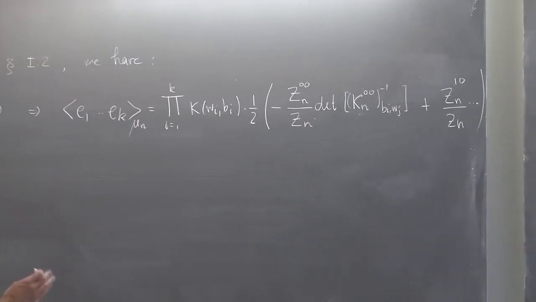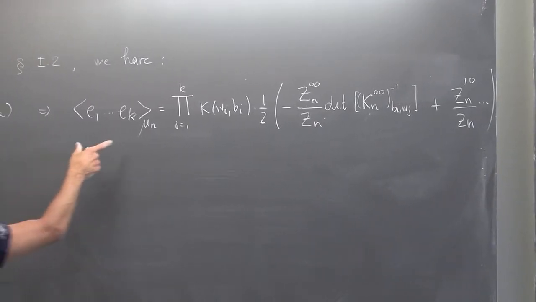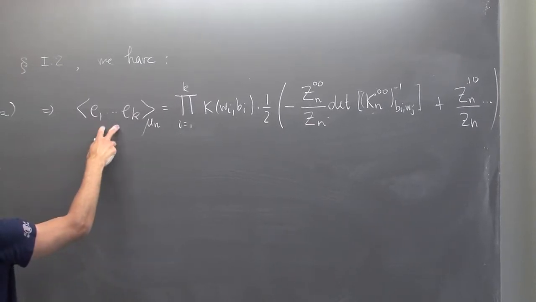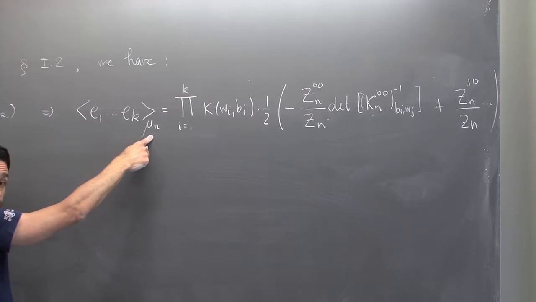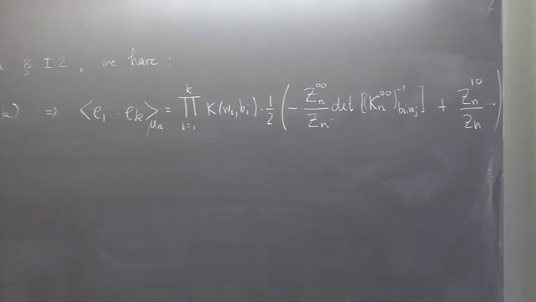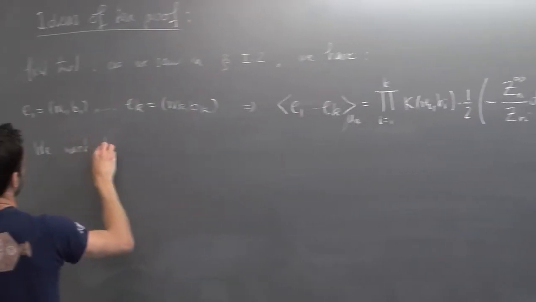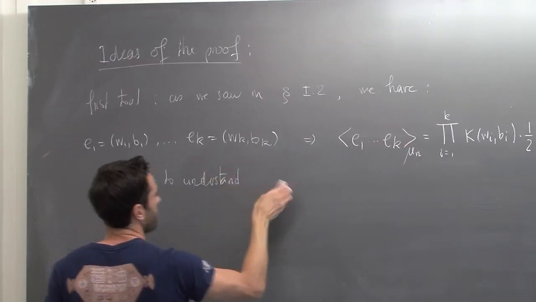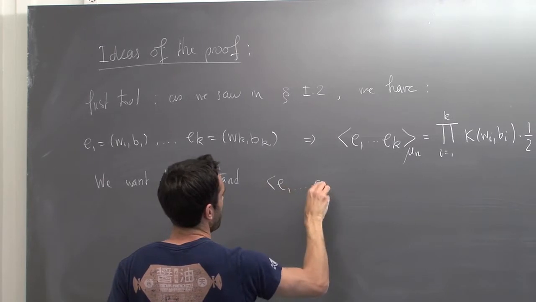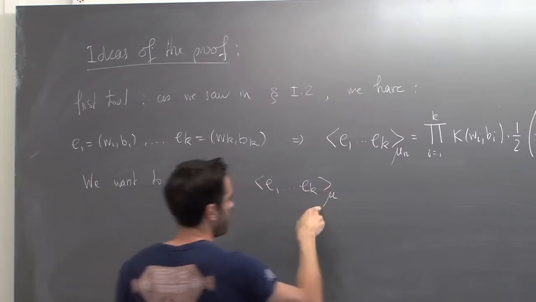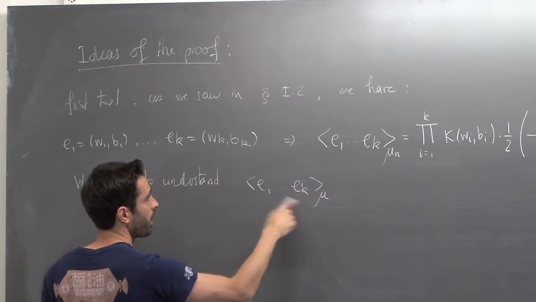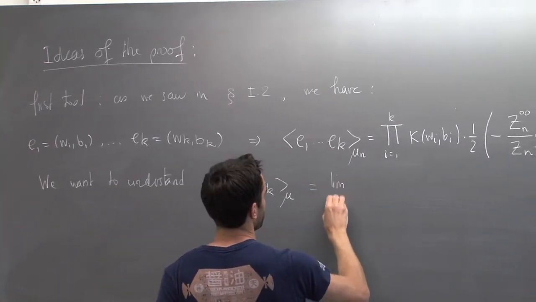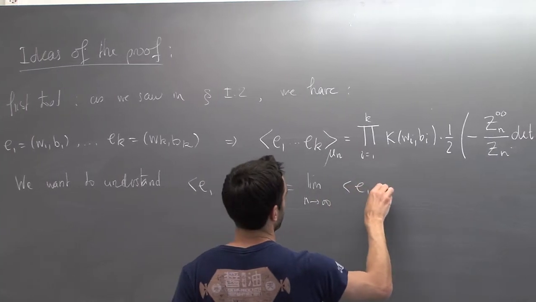Now, what we want to understand is the limit of this object when n goes to infinity, because this will be exactly the edge-edge correlations for mu. We want to understand the corresponding edge correlation for mu, the limit of this mu n.